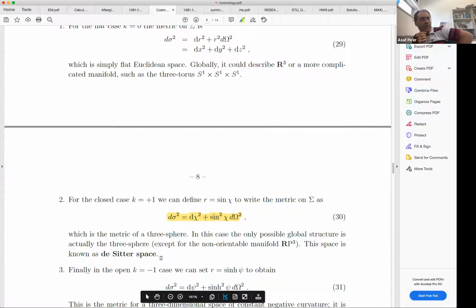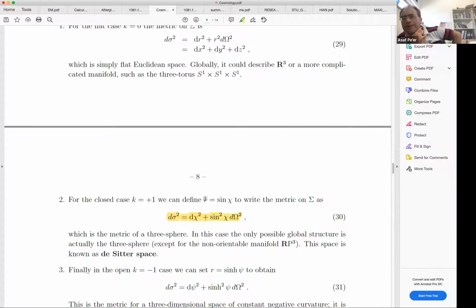And here again, the mathematical manipulation is pretty straightforward. Rather than writing r is equal to sine of chi, we can write r is equal to sinh of another function, called psi. So r is equal to sinh psi.